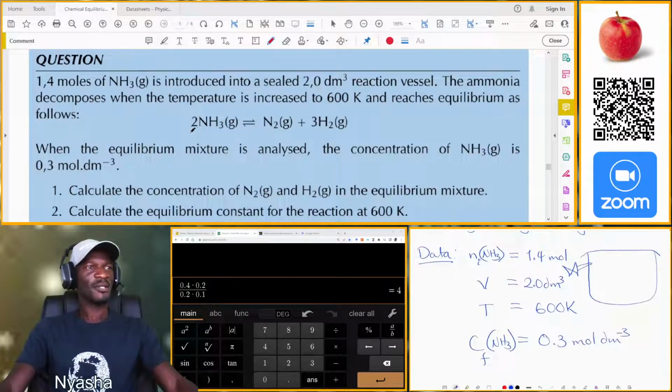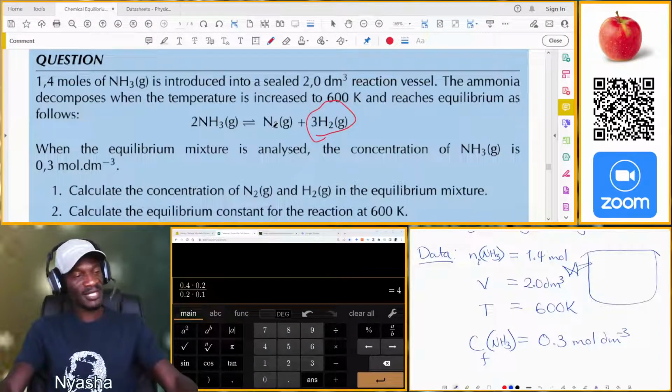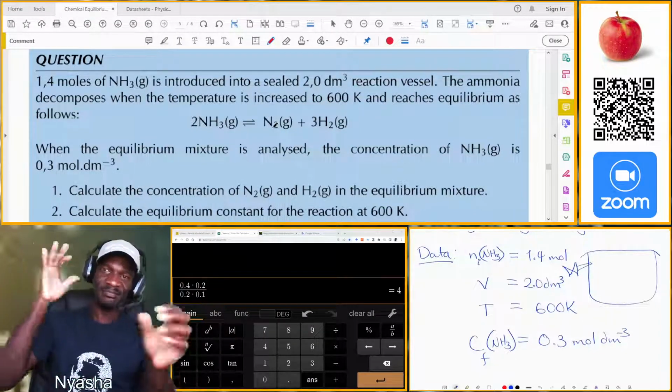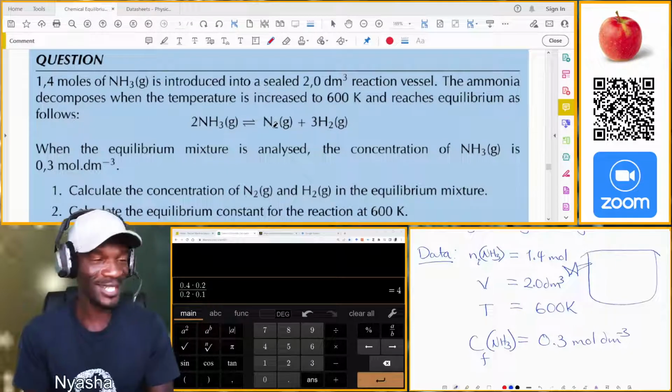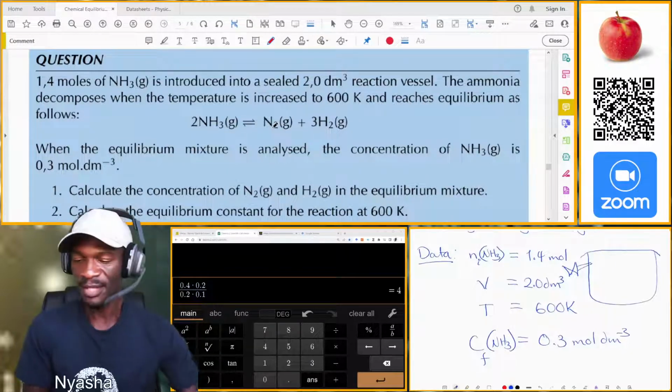You can have a decomposition of ammonia into nitrogen and hydrogen, and this can become a gas fuel. You can also make it liquid. But anyway, this is what we are given.